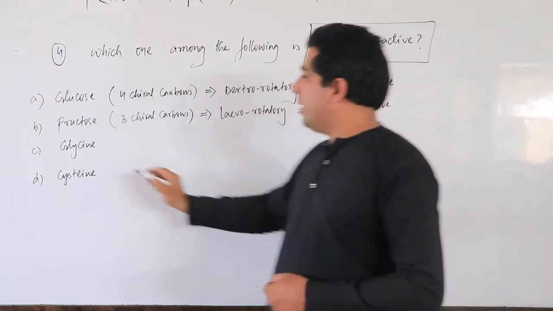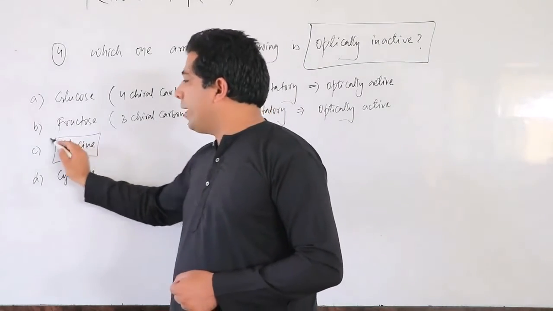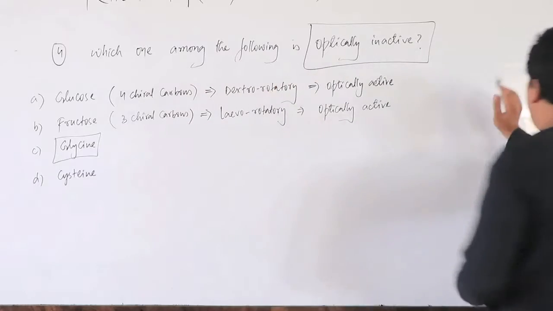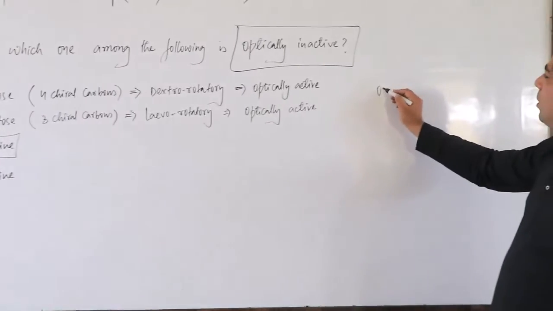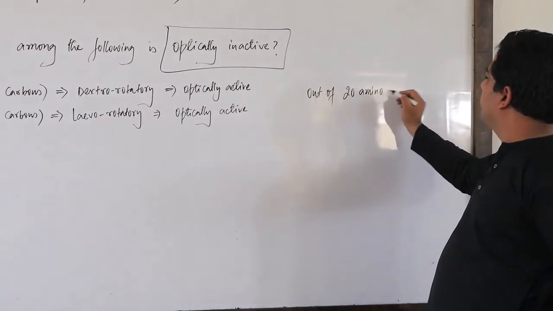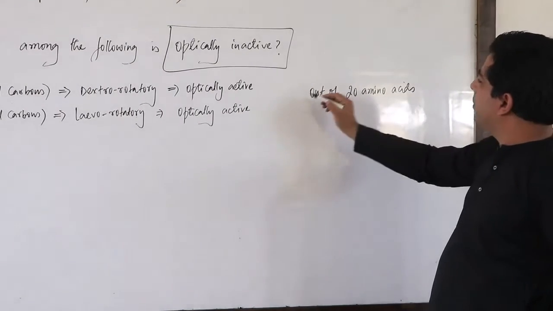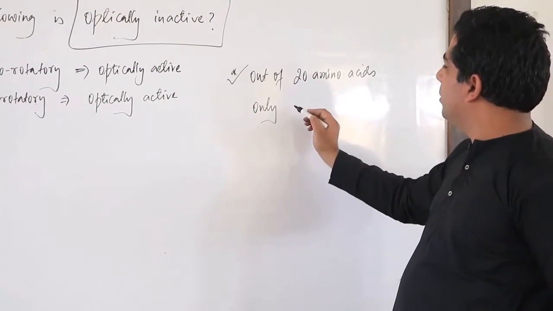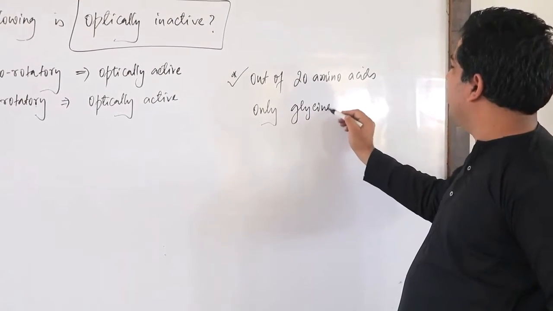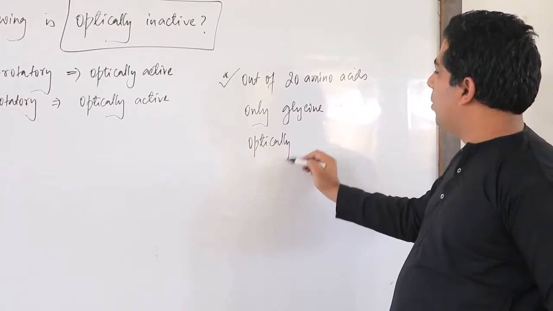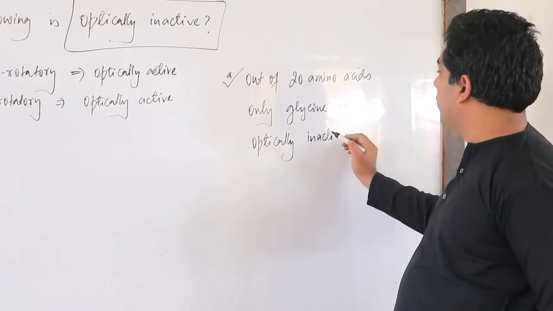If you look at glycine, I told you that out of 20 amino acids, as I have already discussed, only glycine is optically inactive.